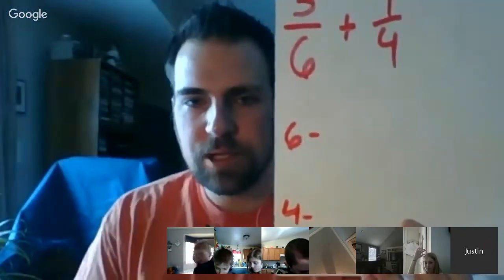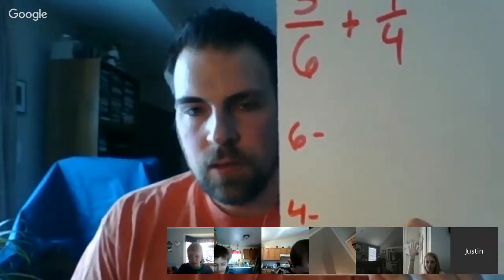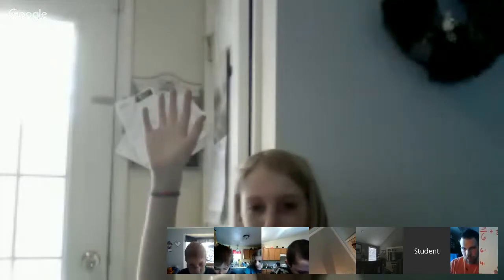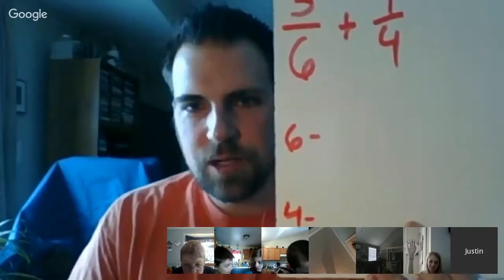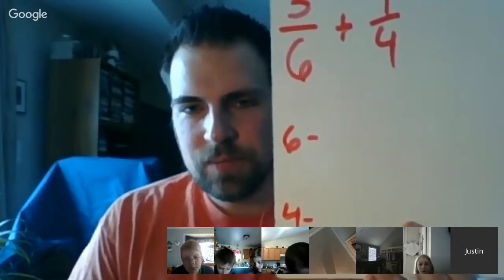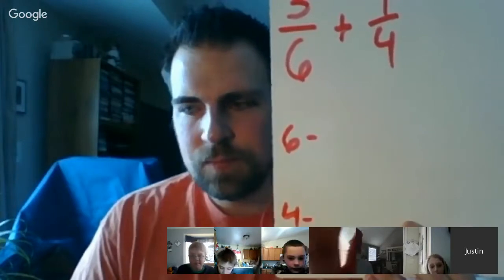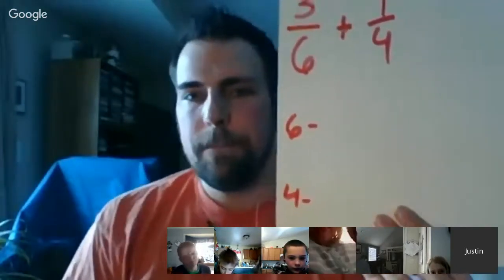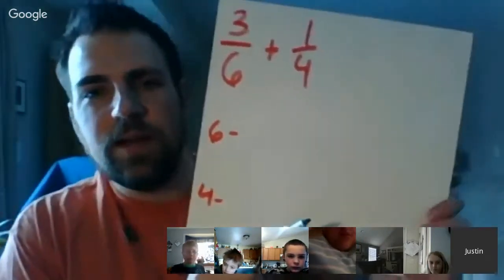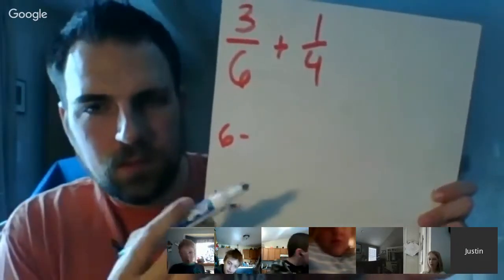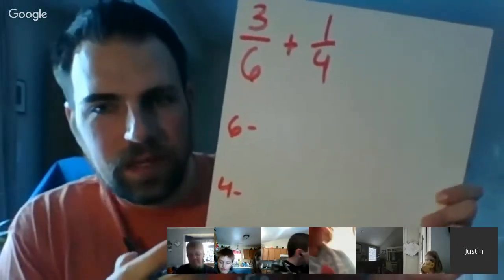Beth, do you have a question? Are we just looking for the least common? Yep. Okay. Do you have another question? All right. For the sake of time, what does my least common multiple end up being?